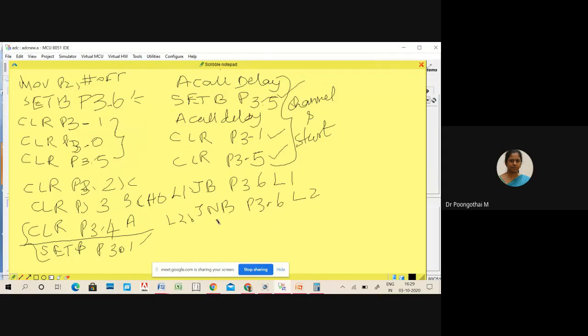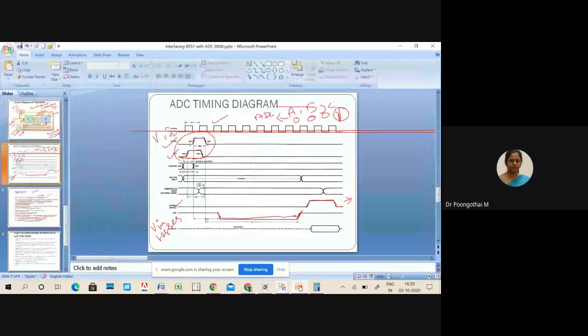So wait here till end of conversion becomes high. According to this timing diagram, we have to wait until EOC becomes low. Similarly, after some time, we have to monitor when end of conversion becomes high. If end of conversion becomes high, the conversion process is completed.